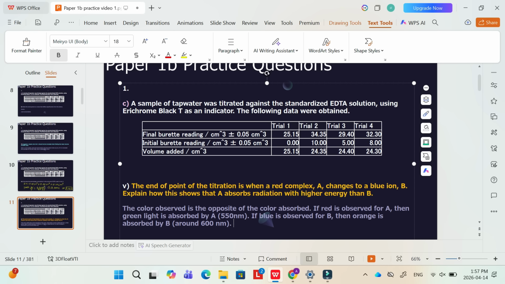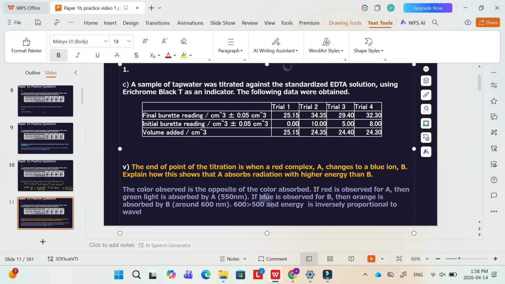So 600 is greater than 500, and energy is inversely proportional to wavelength. So A must absorb higher energy.